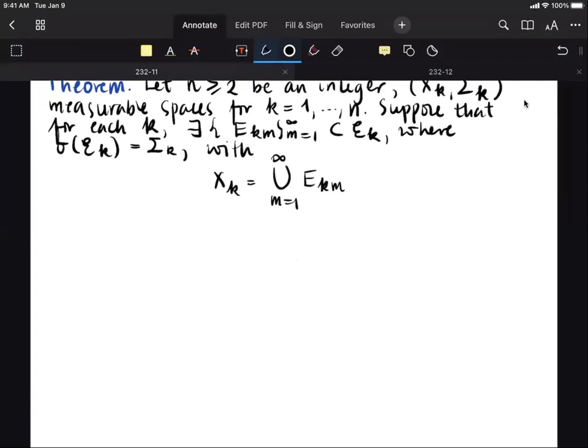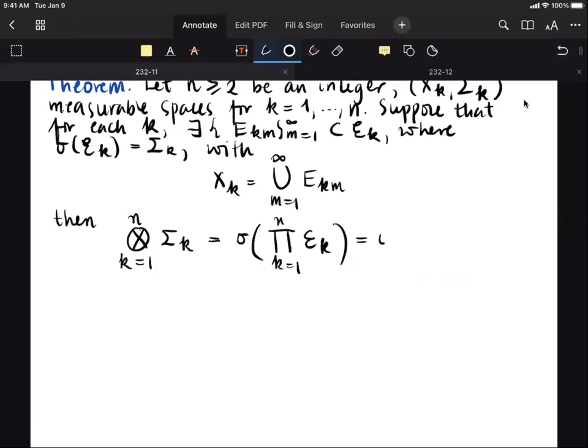Then the product sigma algebra, k from 1 to n, is the same as the sigma algebra generated by the Cartesian products of the generators.